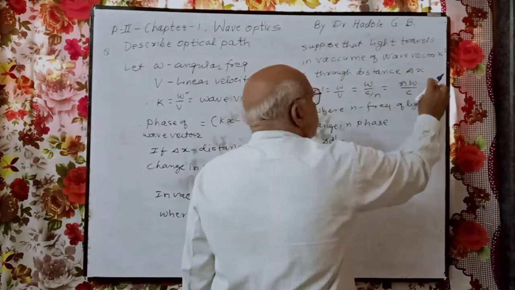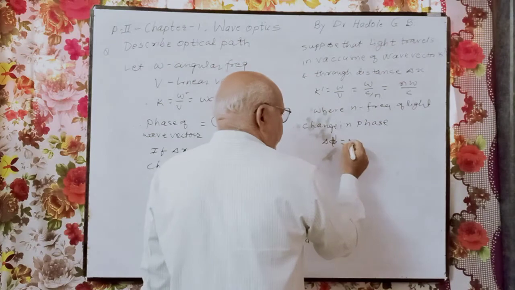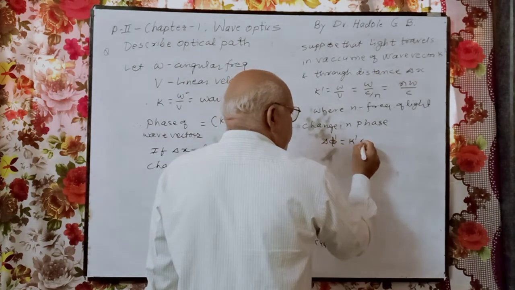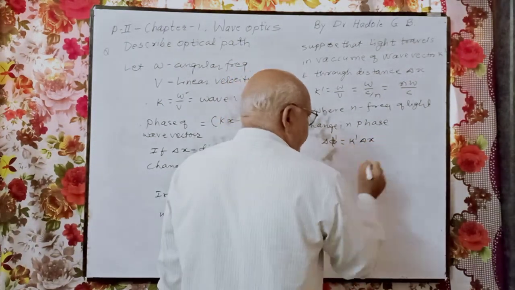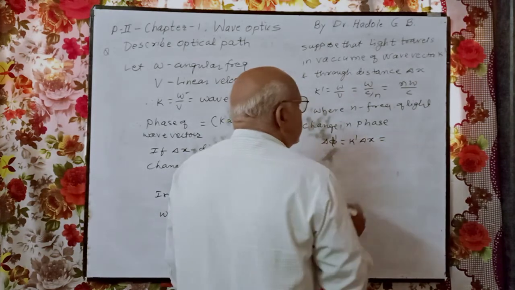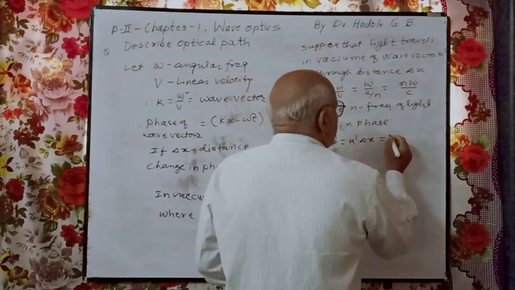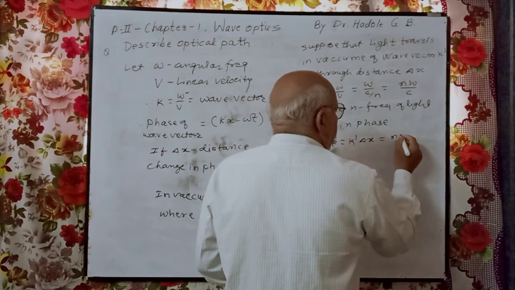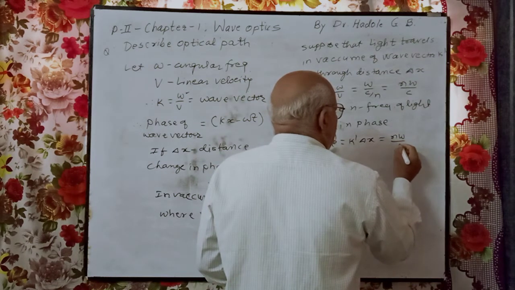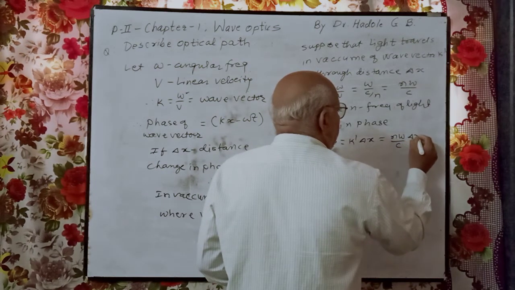Here we consider the same path, and therefore k dash times delta x is equal to n times omega upon c into delta x.